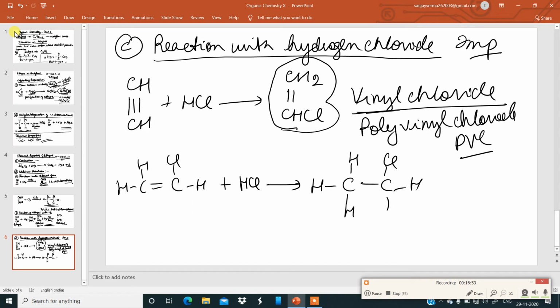It is a very special reaction. Both the chlorine atoms attach on the same carbon. Okay, so this compound is nothing but 1,1-dichloroethane. Okay, so this is number C, the third chemical property of ethyne.